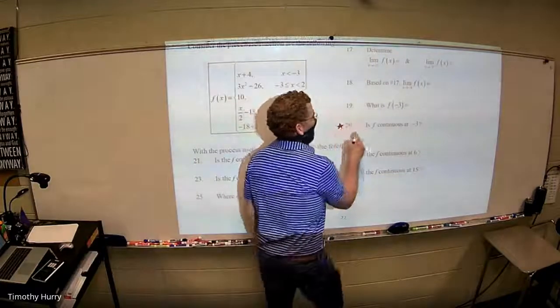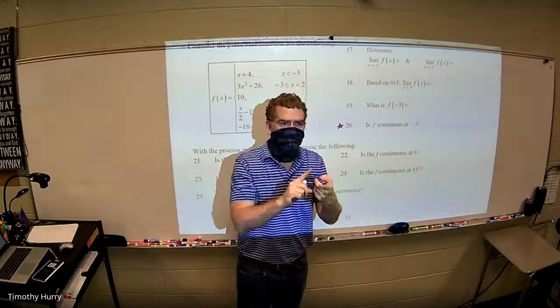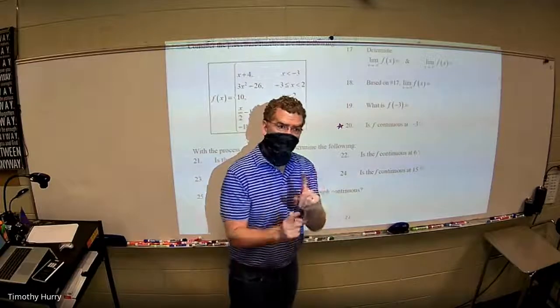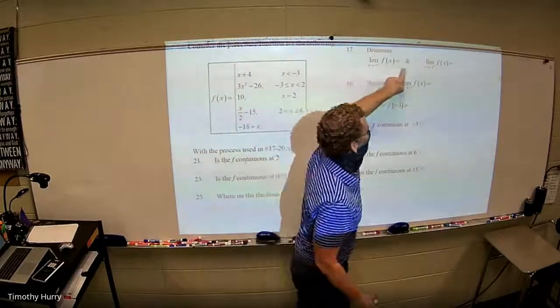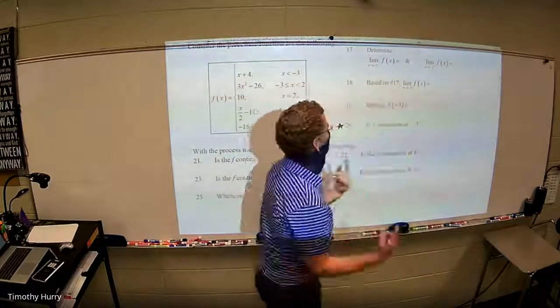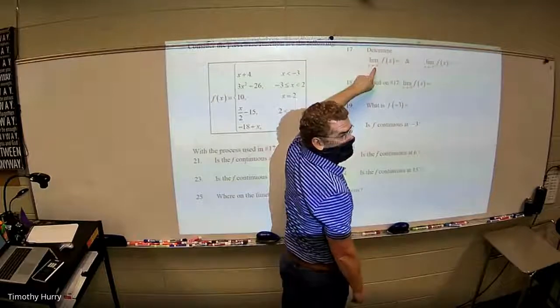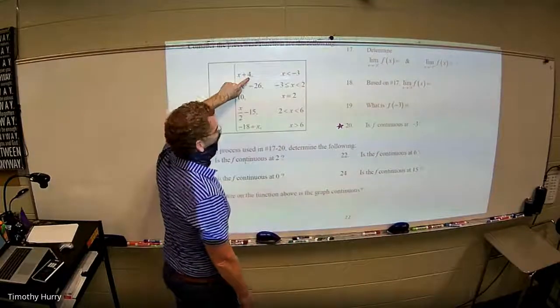Ultimately, here's my question. I want to know, is the function continuous? But to do that, I've got to check the 3 points of continuity. What are they? Does the limit exist? That's one of them. Well, to do a limit on a piecewise function, you have to check from the left and from the right. So let's go ahead and do that to see if the limit exists. So from the left of -3, here's -3, there's left, I get 1.